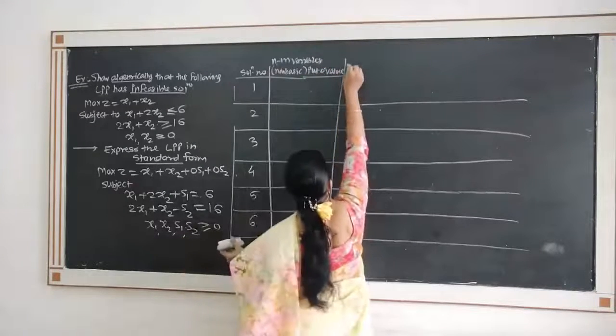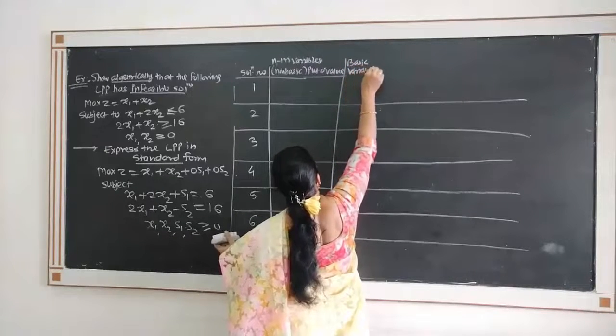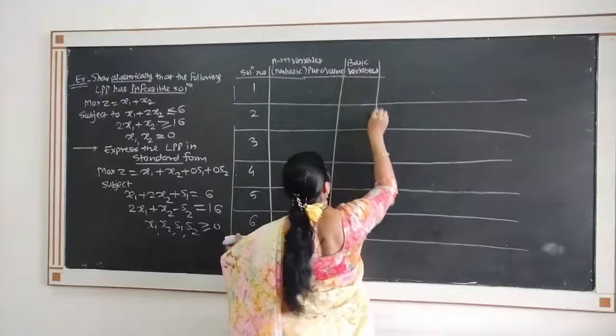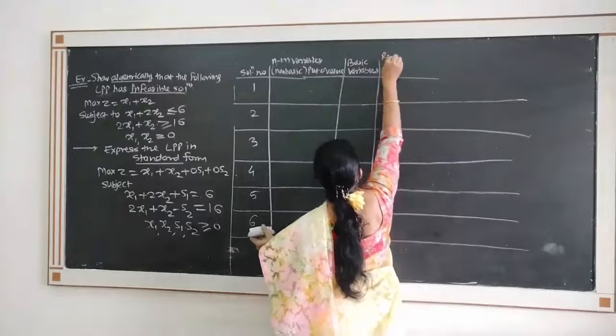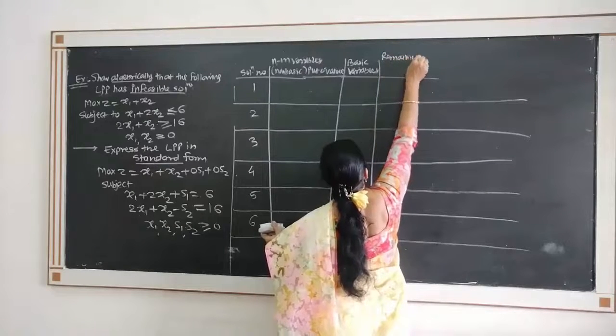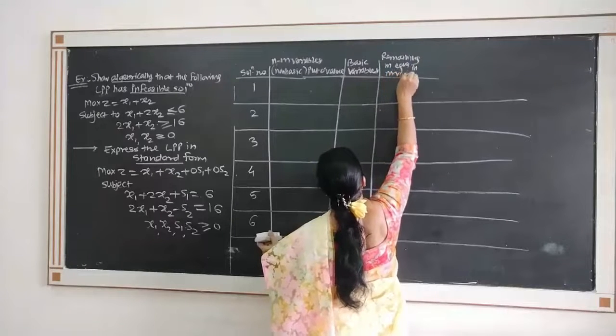Then the basic variables: the remaining m equations in m variables.